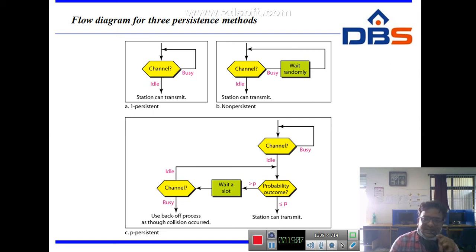If it is greater than p, it waits a slot and then goes back to the channel. If the channel is idle, it checks the probability outcome again. If it is busy, it uses the backoff process as though a collision has occurred. If the probability is less than or equal to p, then the station can transmit.